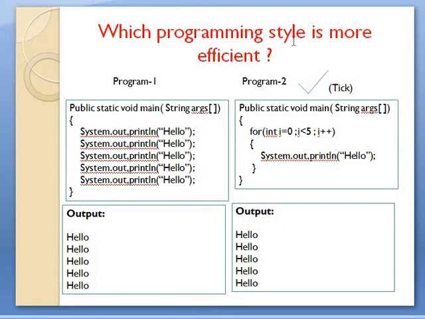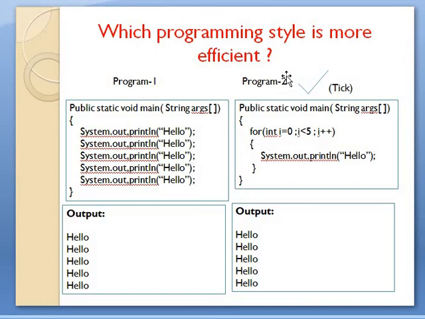Now consider a scenario where the same program would print the word hello 1000 times. In that case, the first program will be much lengthier as compared to the second one, as the statement to print the word hello has to be written 1000 times in the first program. And clearly this is a terrible and bad programming practice.